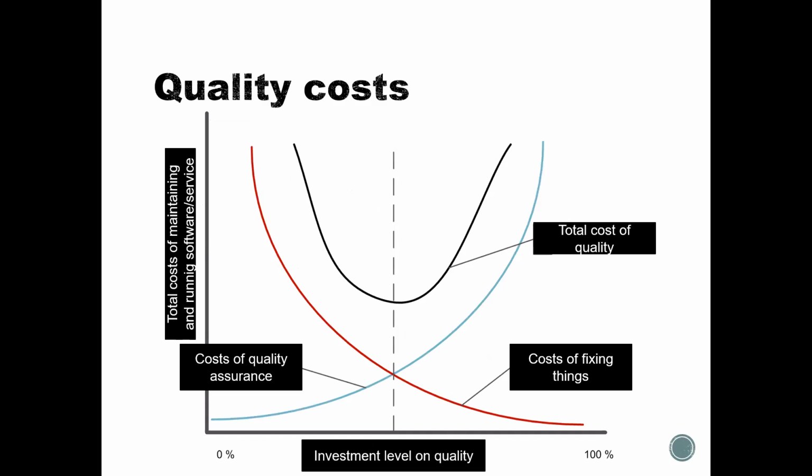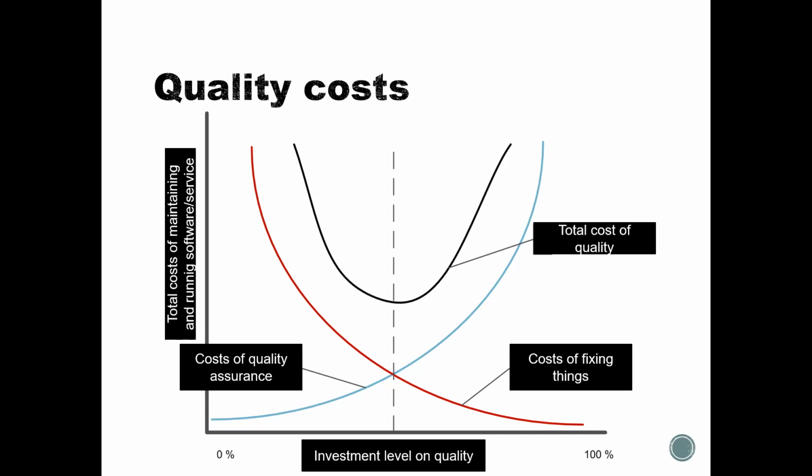So what is quality cost? If you see this graph, total cost of quality is in the center. We have the x-axis, which talks about investment level on quality, and the y-axis, which talks about total cost of maintaining and running software service. If you see the blue line, as the investment level on quality increases, the cost of quality assurance is going to increase.